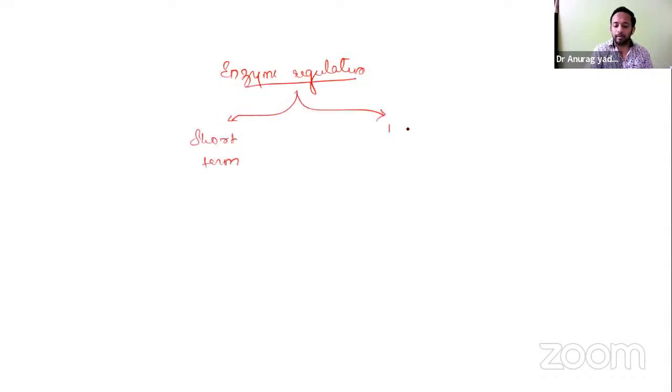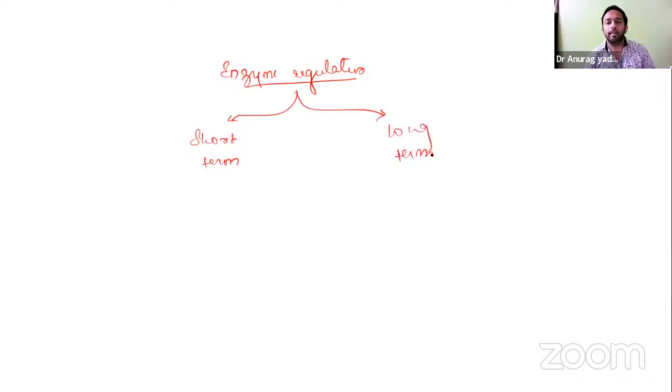Now, when we see the types of enzyme regulation, it can be broadly classified under short-term regulation and long-term regulation.